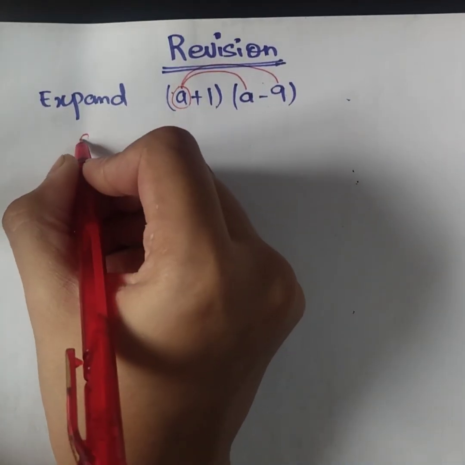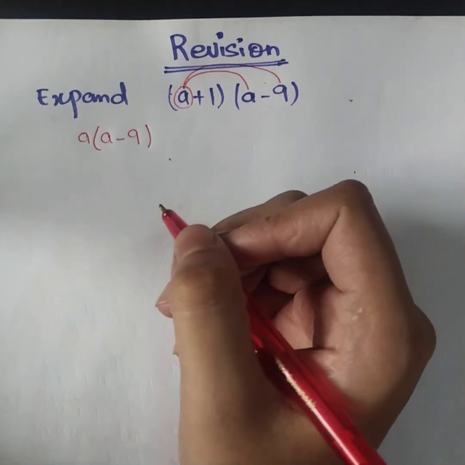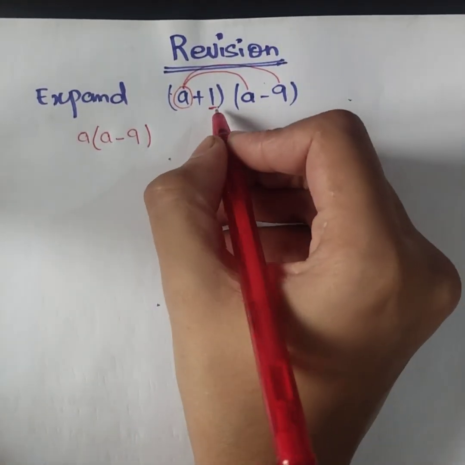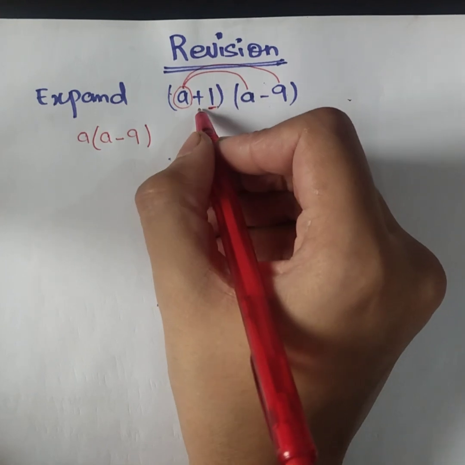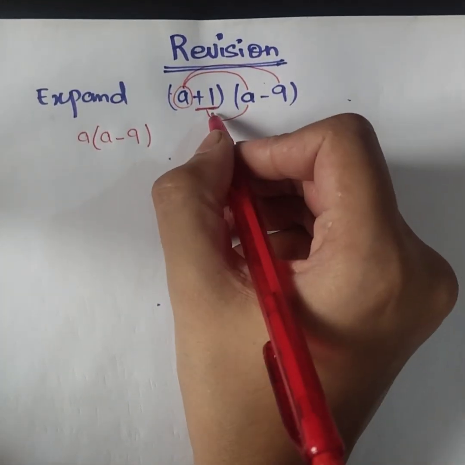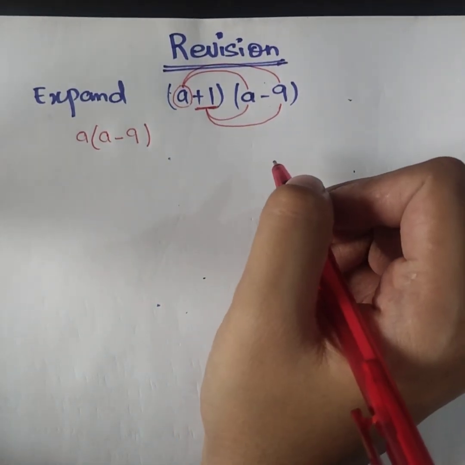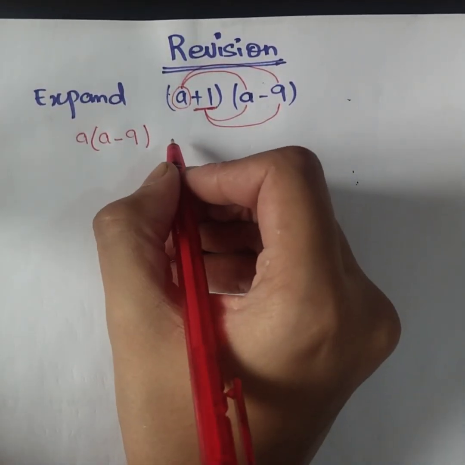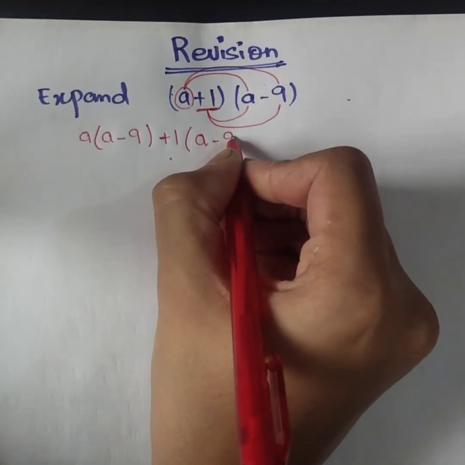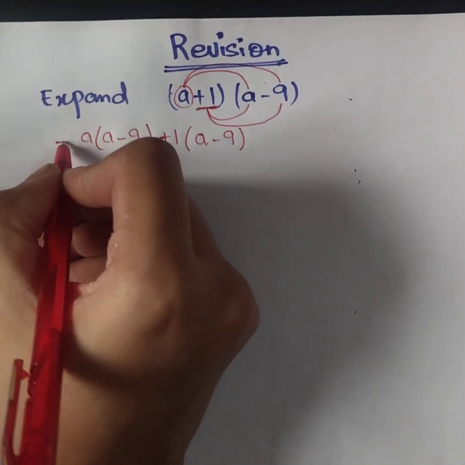It means a multiplied by (a - 9). Next we have plus 1. So you have to multiply this whole plus 1 with the first term and with the second term of the bracket as well. So you have to write plus 1 multiplied by (a - 9), bracket close. This is your first step.